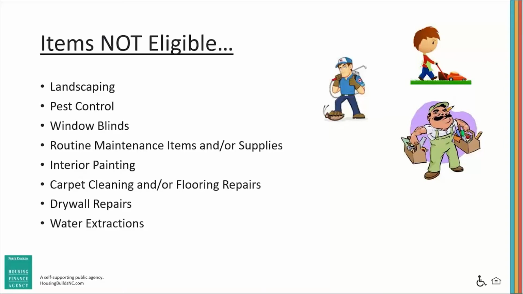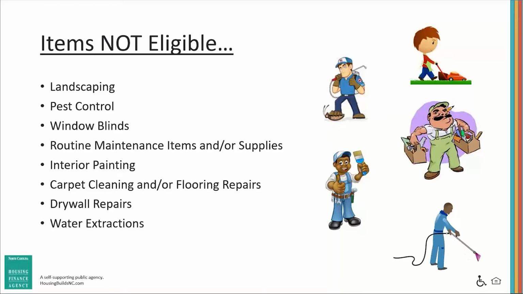Window blinds and routine maintenance items or maintenance supplies are also not eligible. Painting interior apartments or interior of the building is not eligible. Carpet cleaning and flooring repairs are not eligible. Drywall repairs are not eligible, and water extractions are not eligible items.